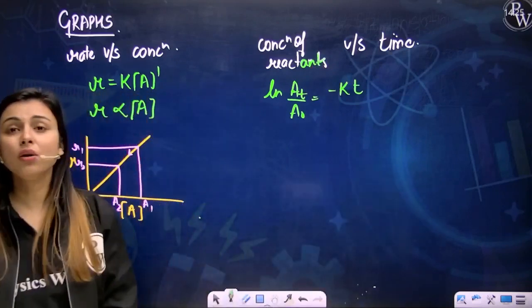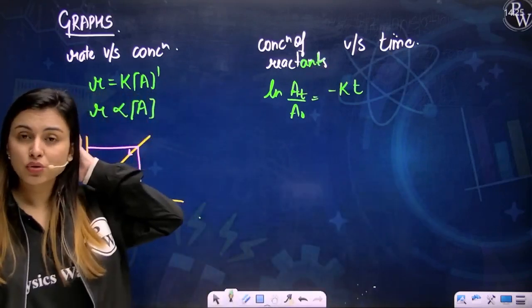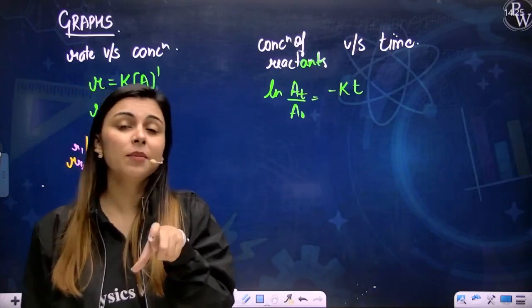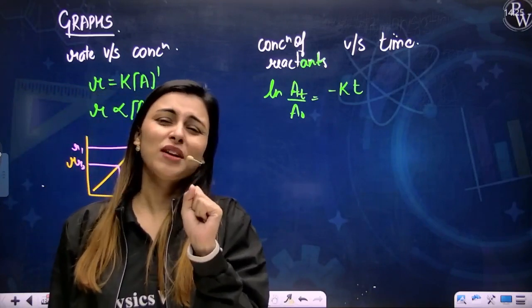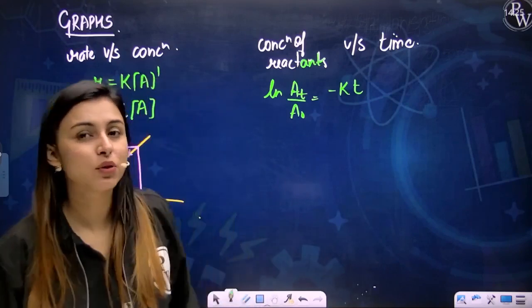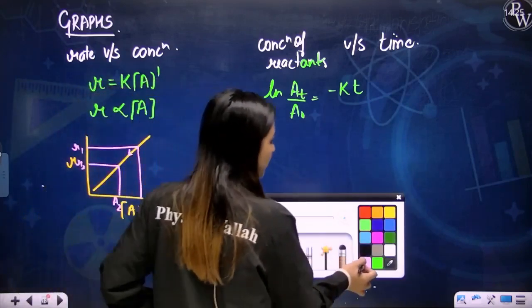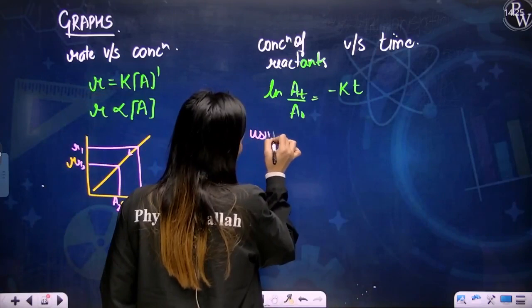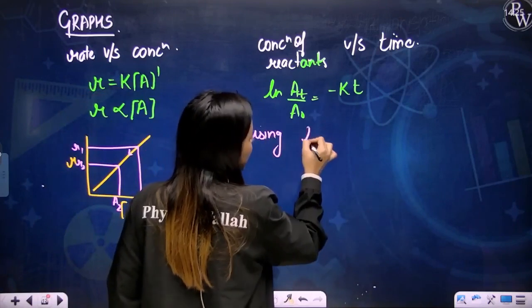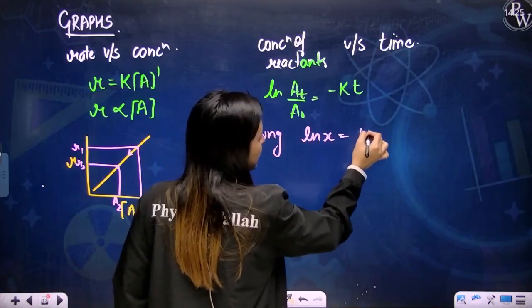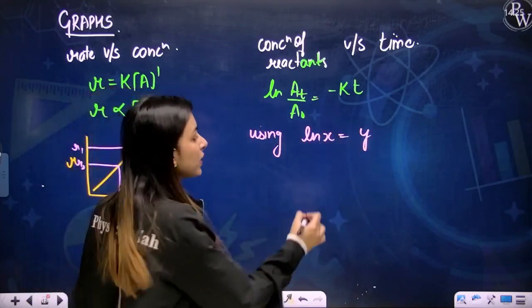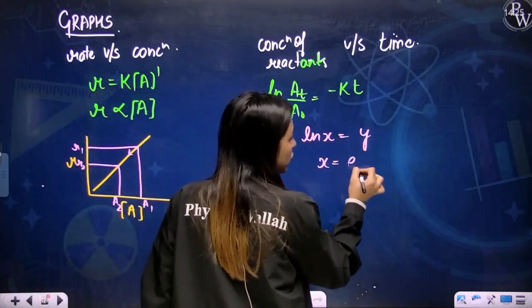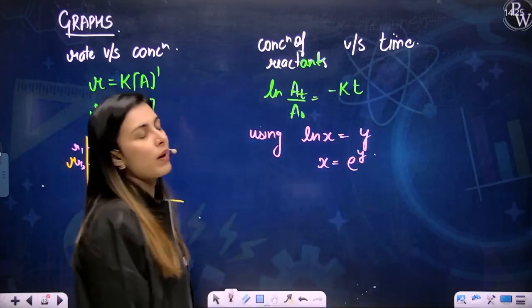Now what you are actually going to do is use a log property. I am sorry, but one more log property you will have to understand. Whenever ln of x is equal to y, then you can say that x is actually equal to e raised to the power y.